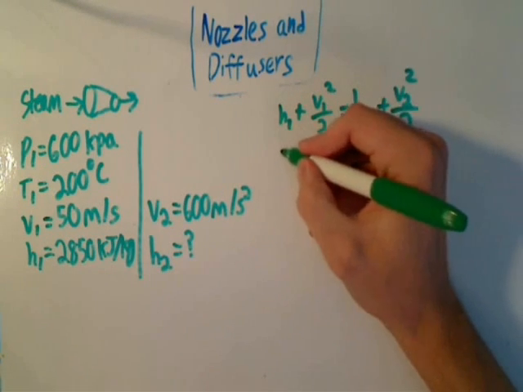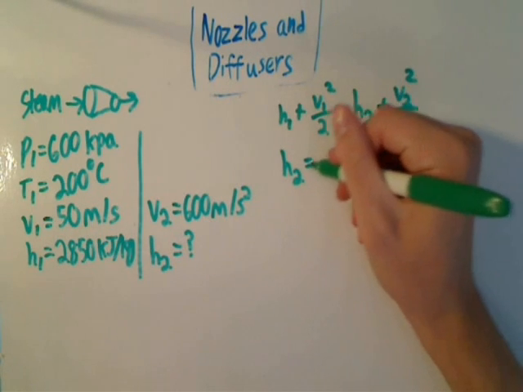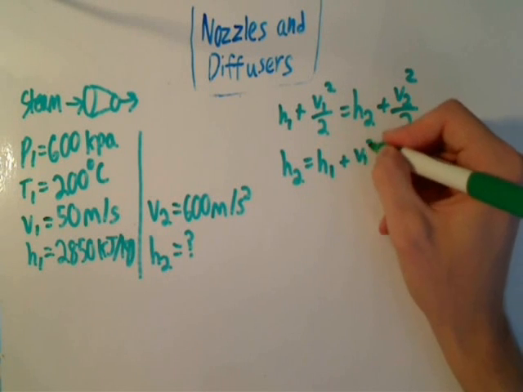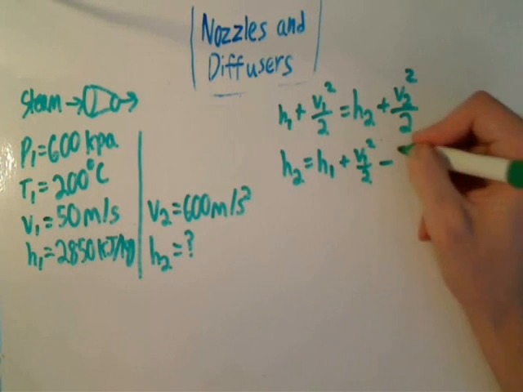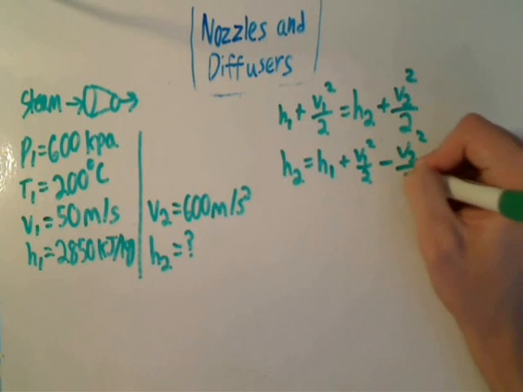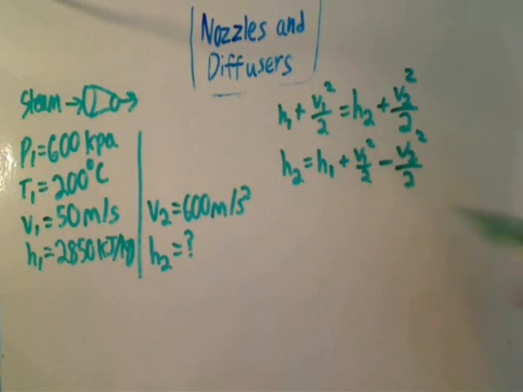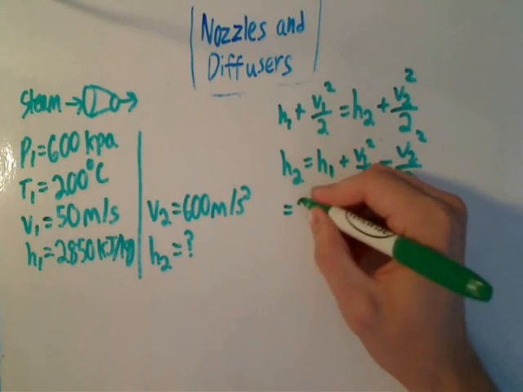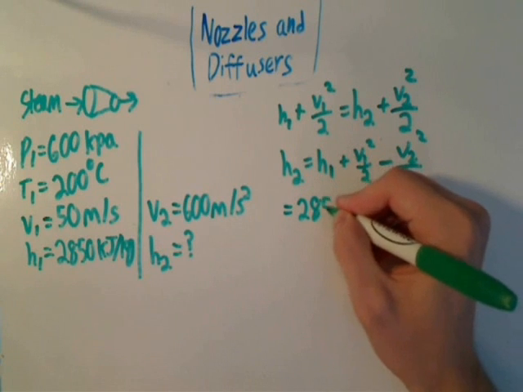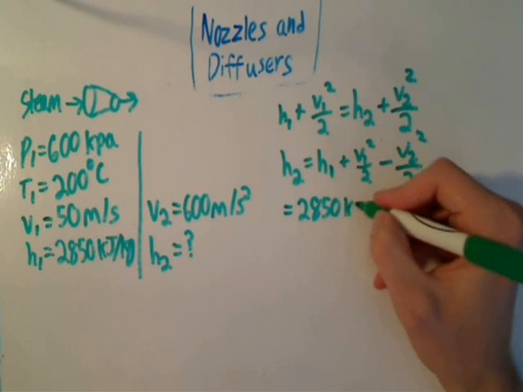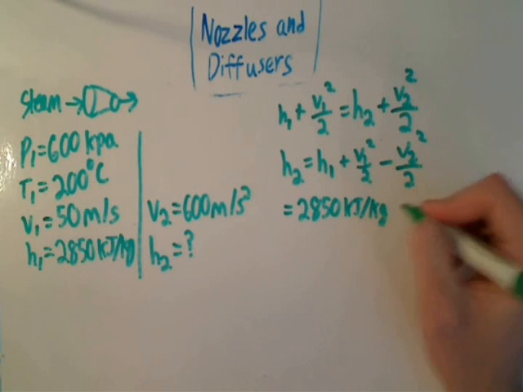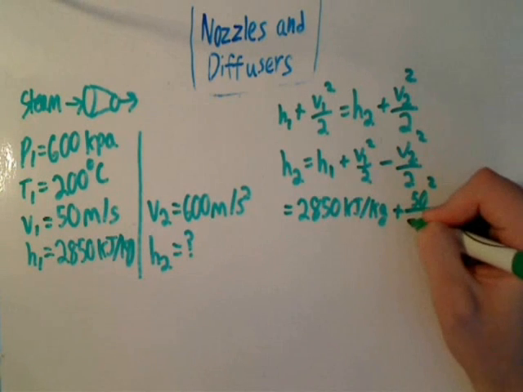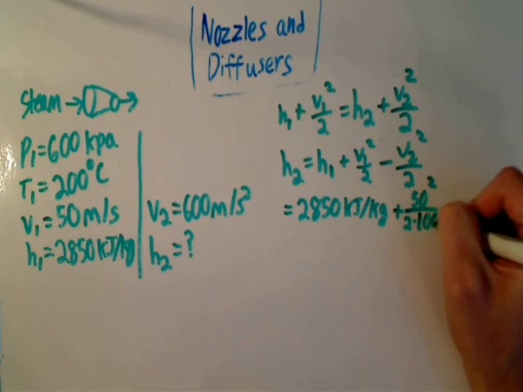We're looking for H2, so we set the equation equal to H2. H2 equals H1 plus V1 squared over 2 minus V2 squared over 2. We know H1, we know this, we know that. We can find H2. So H2 is going to equal 2,850 kilojoules per kilogram plus 50 squared divided by 2 times 1,000.